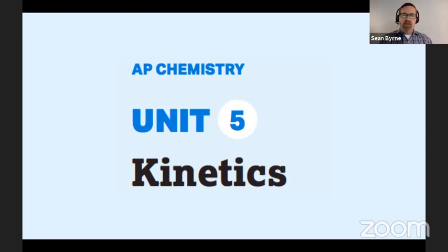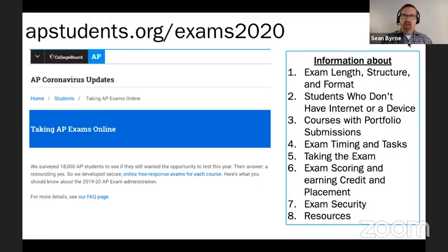We've got another great resource to share with you and some good problems for us to practice between today and tomorrow. If you still have questions, teachers and high school administrators on here, you probably want to take a look at apstudents.org/exams2020 for any of the topics along the right-hand side of the screen.